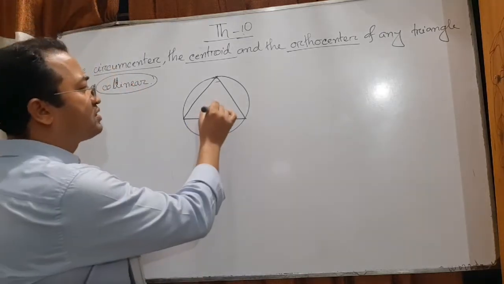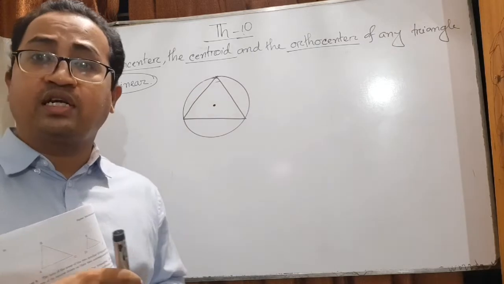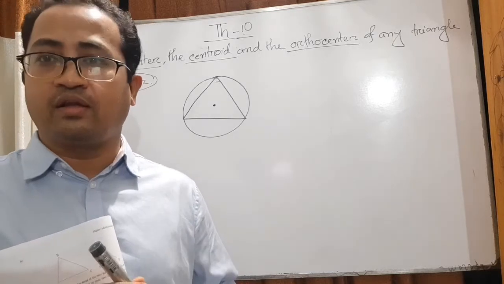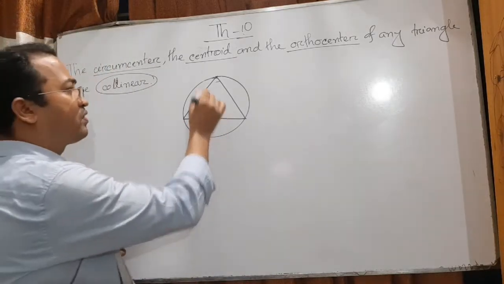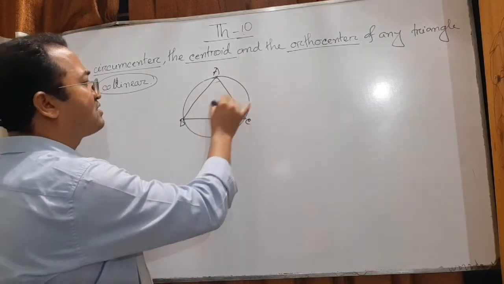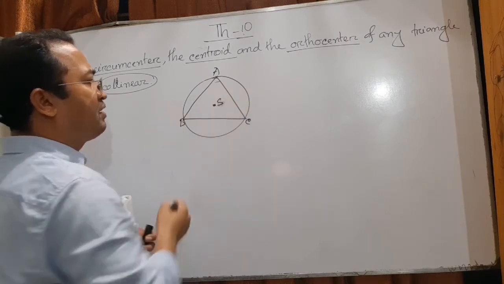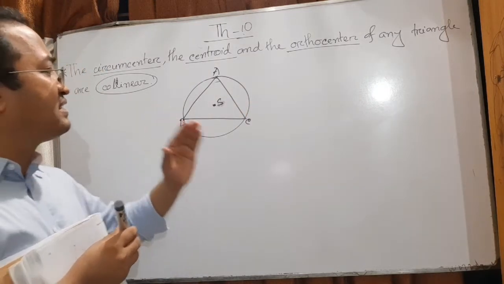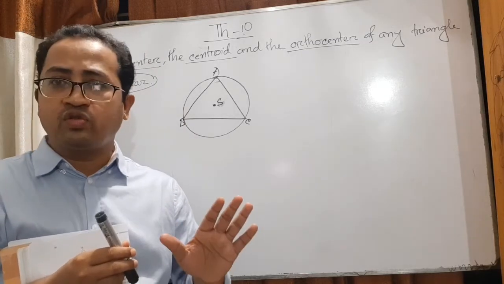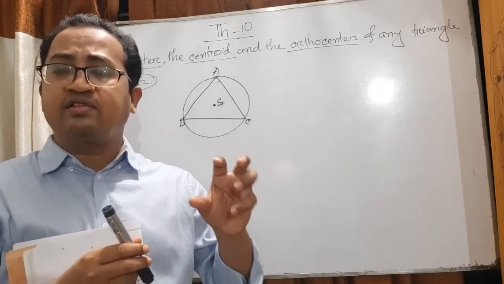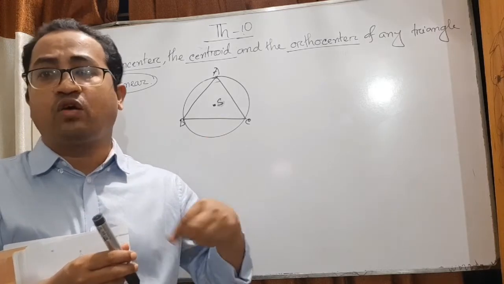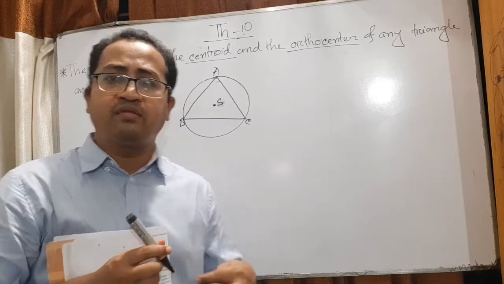So the center of this circle will be the circumcenter of this triangle. Look, this is the center. ABC is a triangle and this center is S. So we can say this S is the circumcenter of triangle ABC. Any triangle inscribed in a circle, the center of the circle will be the circumcenter of that triangle.